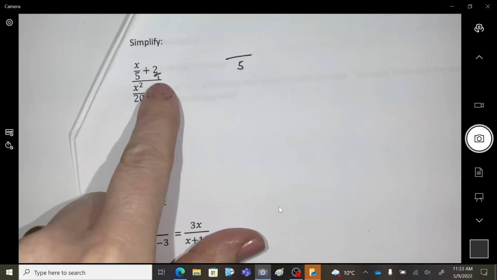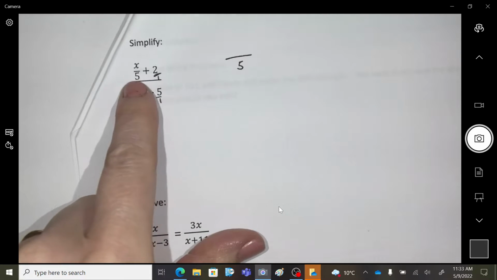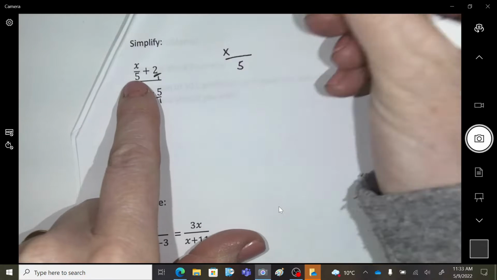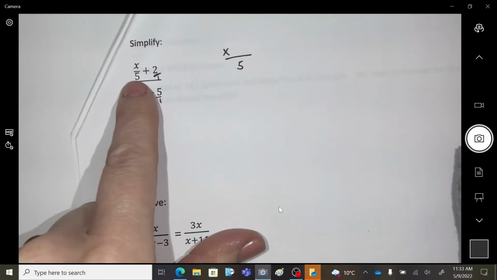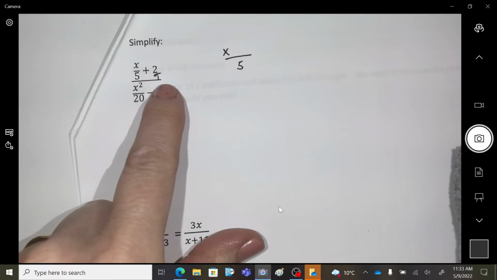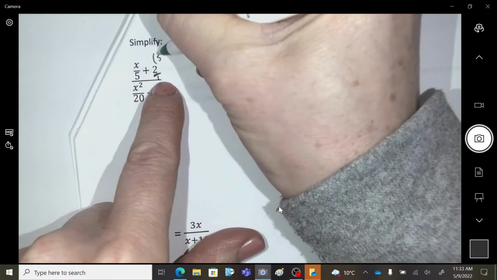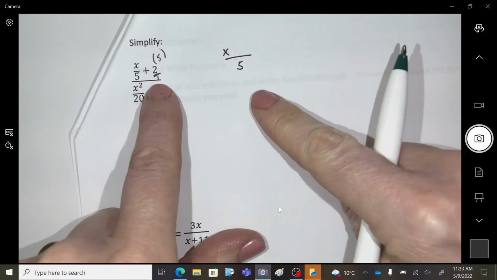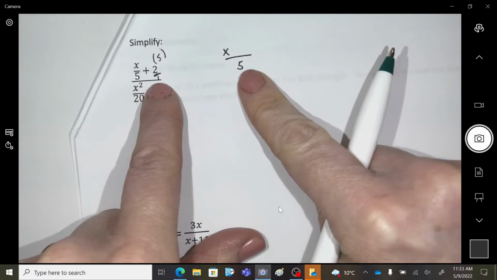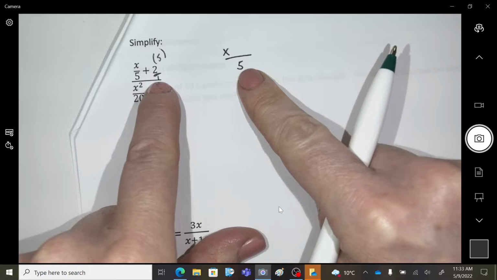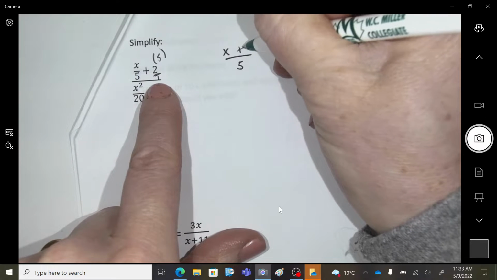I need a denominator of 5. So the x, I'm going to do nothing with it because it was a 5 on the bottom. And this 1, I'm going to times that by 5. That's how I turned the 1 into a 5. So now this is going to become a 10.